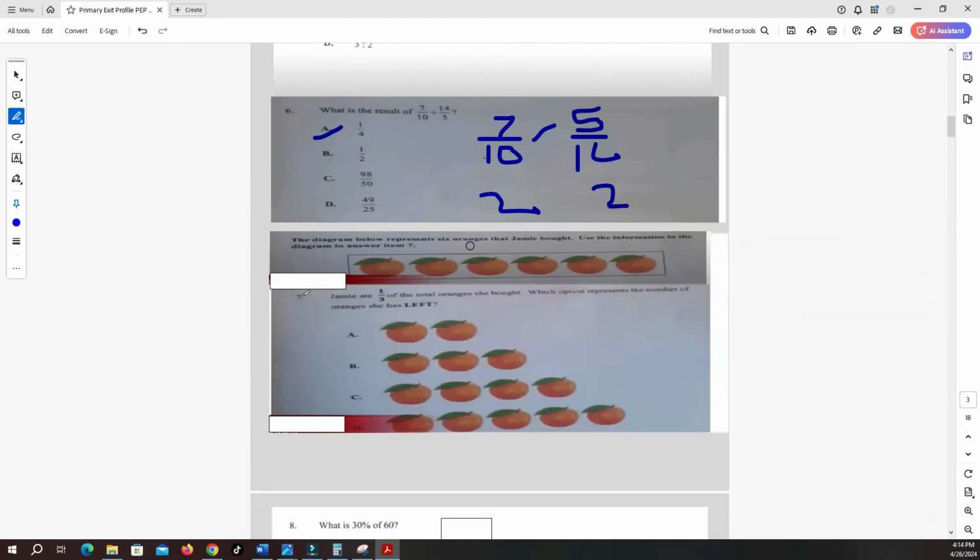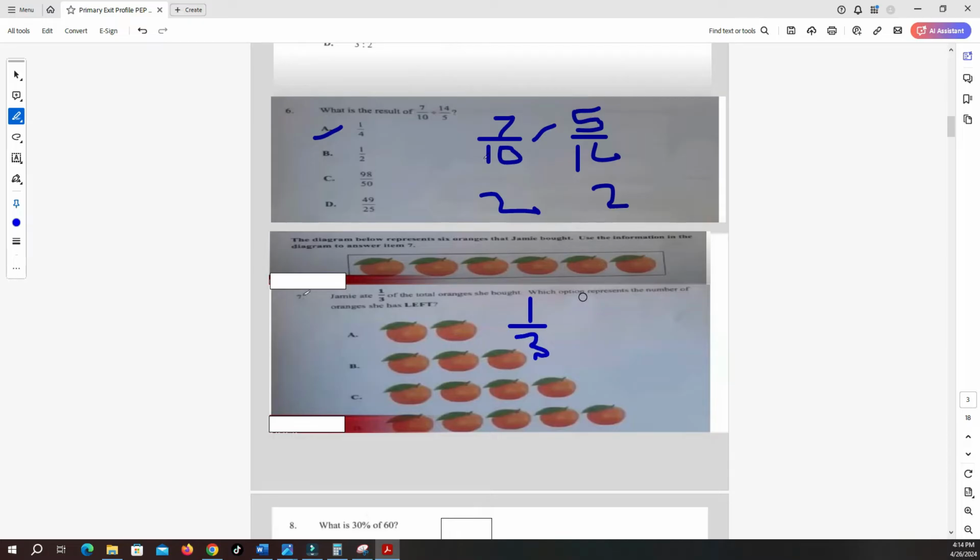Alright, the diagram below represents 6 oranges that Jamie bought. Use the information in the diagram to answer item 7. So Jamie bought 1, 2, 3, 4, 5, 6. What are these? Apples? Oh, oranges. Jamie ate 1/3. And we need to know which option represents the number of oranges left. Okay, so she ate 1/3. So that's 1 over 3.